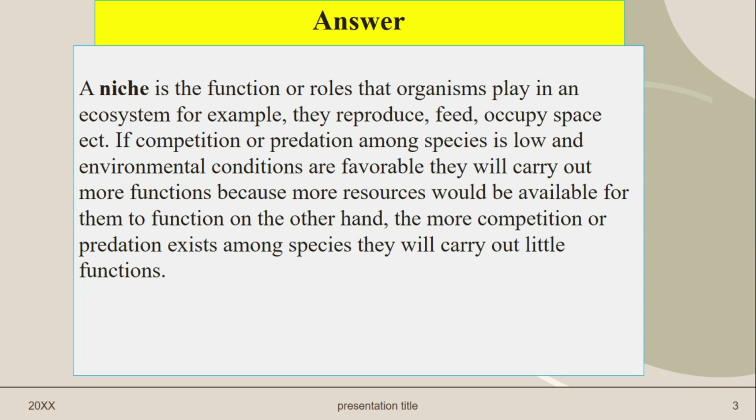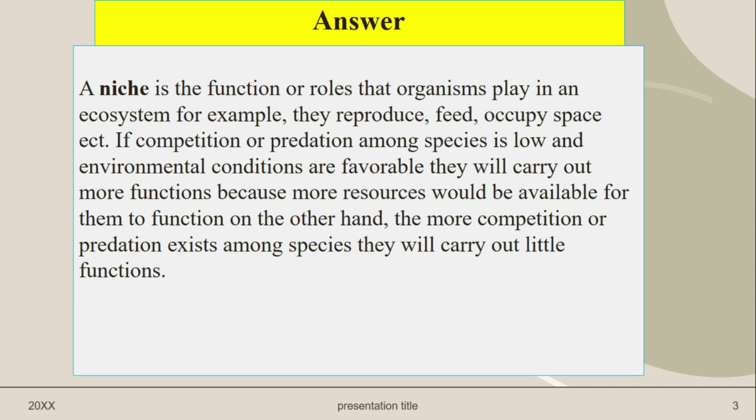On the other hand, if there is a lot of competition or predation, if competition is very high and predation is very high, then say the competition is between two species of organisms.